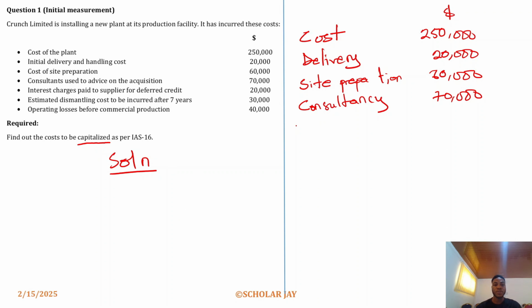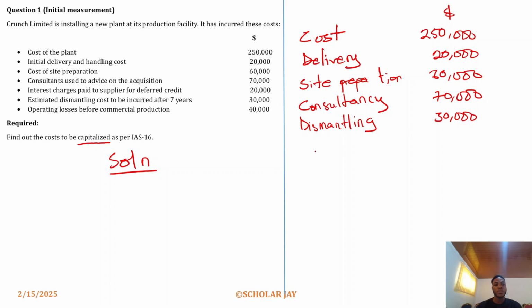This makes it an estimate, so you estimate that value because it's in the future. So that amount you incur when you are restoring the land, or that removal cost, is what is being brought here. So we must also add it. So dismantling, you have 30,000.